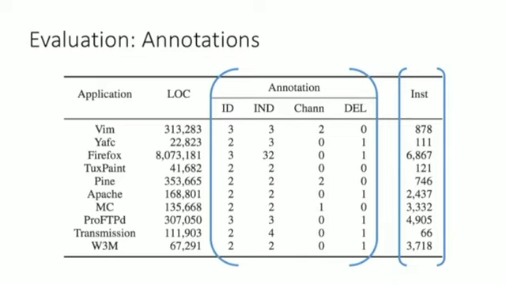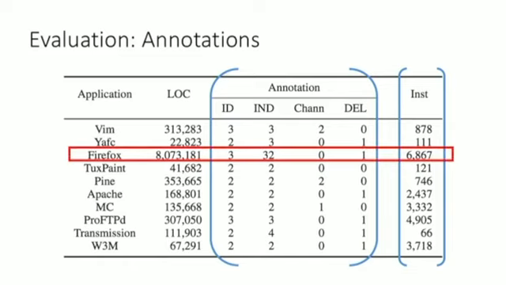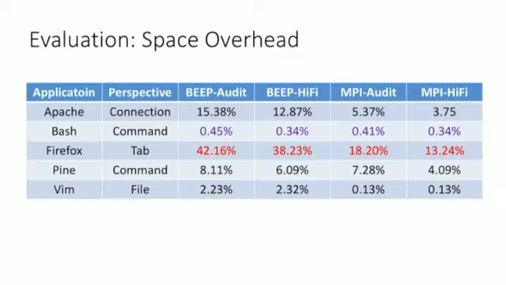So basically, you cannot really do it manually. And Firefox has the maximum number of annotations and also instrumentation. This is because of complexity. As you can see, the line count of Firefox is very large. It's a very big and complex program.